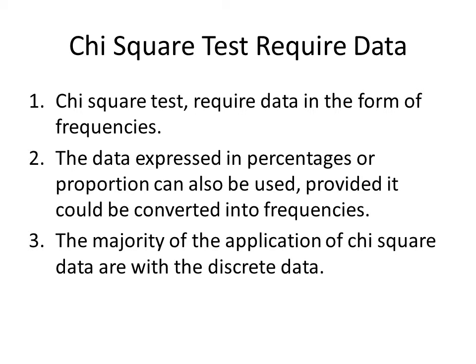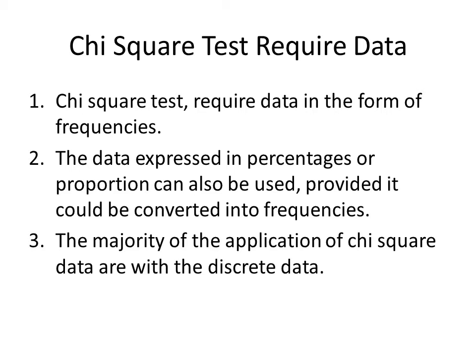We have discussed in t-test that it is a function of degree of freedom. Similarly, chi-square distribution is also a function of degree of freedom. The distribution is skewed to the right. That is, the graph is always skewed to the right.